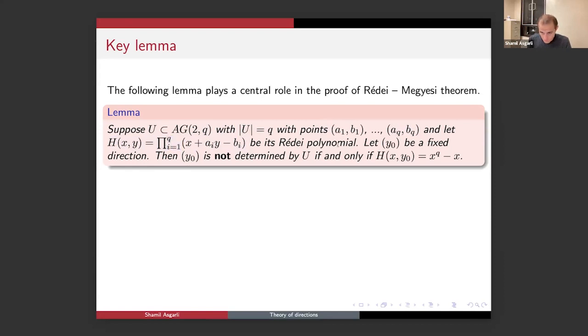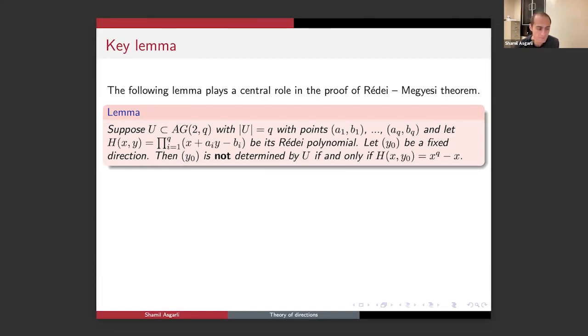And now I'm going to take a fixed direction, and I'm going to call that y0. Then here's the fundamental key lemma: the direction y0 is not determined by U if and only if H of x comma y0 is x to the q minus x. So it's very interesting.